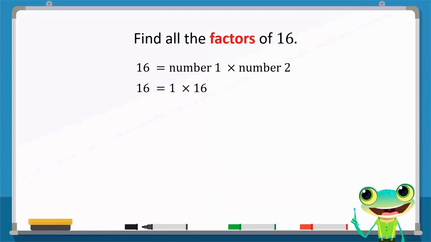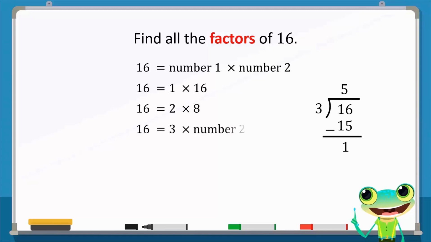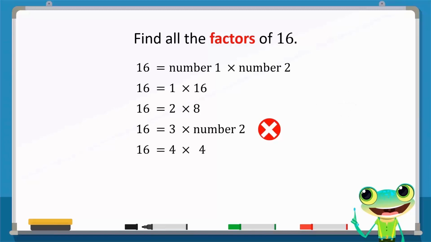We have written 16 as a product of two numbers. It can also be written as 2 times 8. Next, take 3. 16 is not completely divisible by 3, so we cannot write 16 as a product of 3 and another number. 4 times 4 results in 16. Are there more combinations?